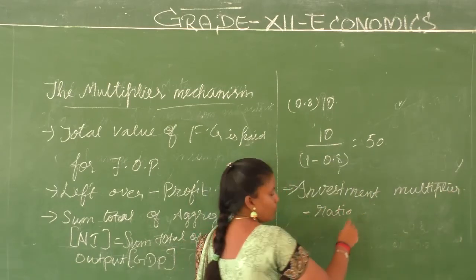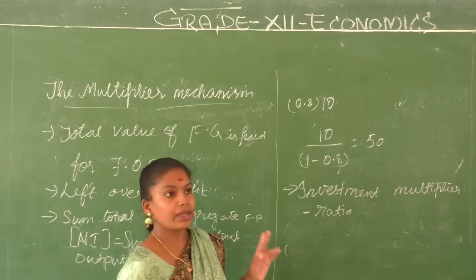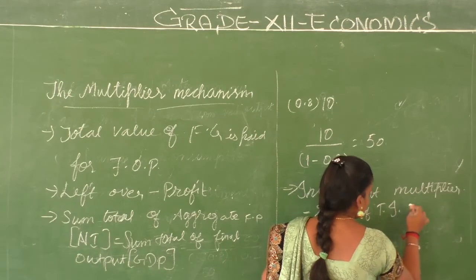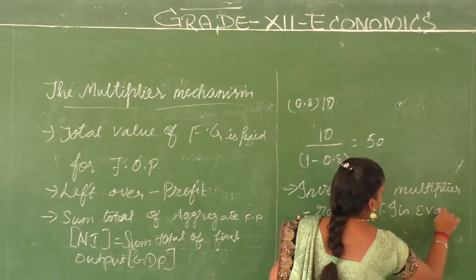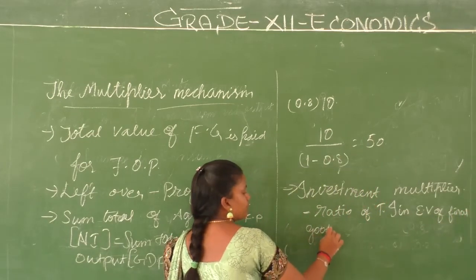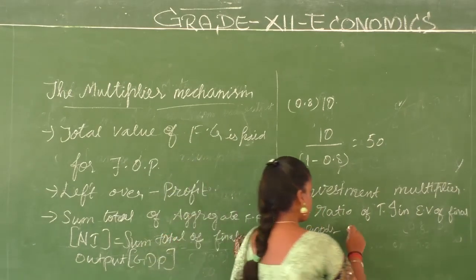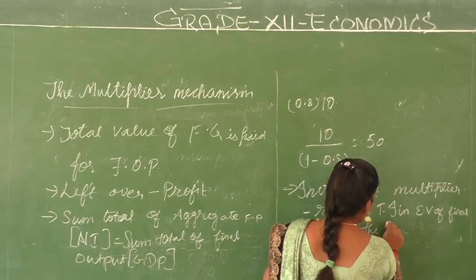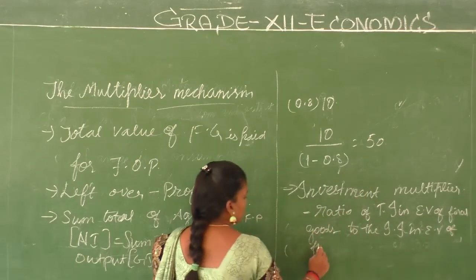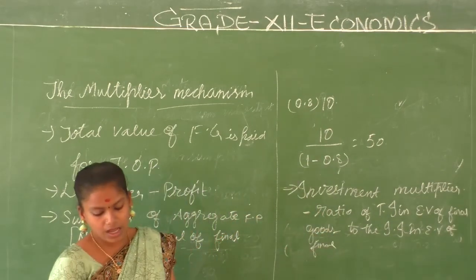The ratio of the total increment in equilibrium value of final goods output to the initial increment in the equilibrium value of final goods output. Fine, this is called the investment multiplier.